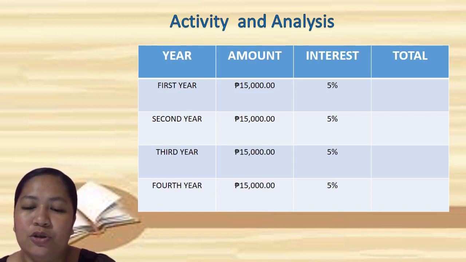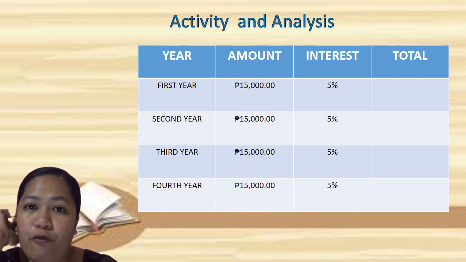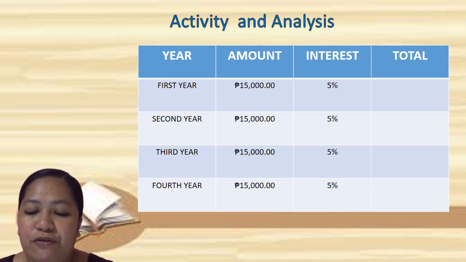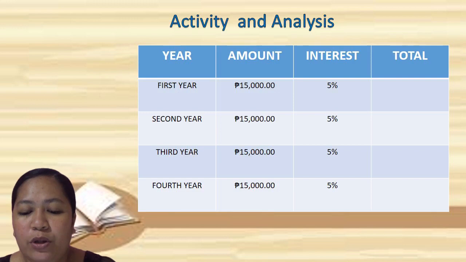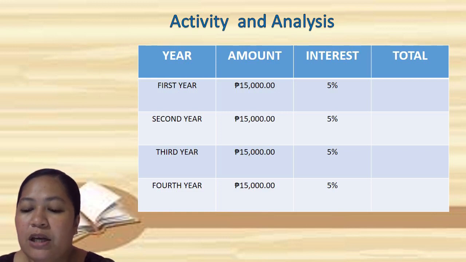Since Joy will be studying in college, and she will be taking a 4-year course, that would be first year, second year, third year, fourth year. That means if she borrowed an amount of 15,000, she will be getting 15,000 per year interest.